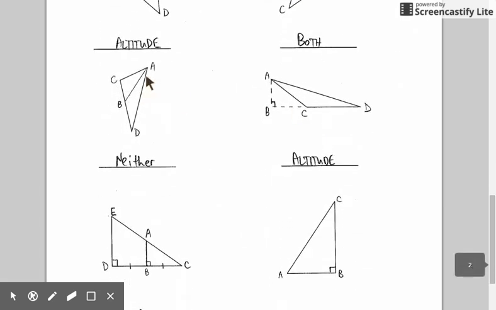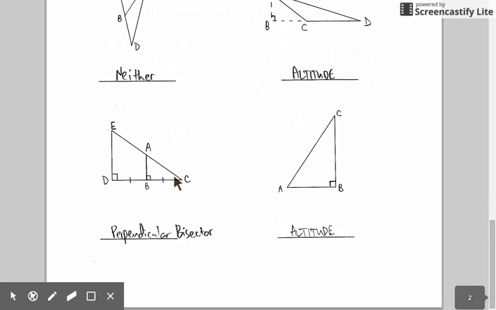In this example, segment AB is coming from a vertex, but it's not perpendicular to the opposite side. So that's not an altitude, it's not a perpendicular bisector, it's neither. In this example, segment AB is coming from a vertex and is perpendicular to the opposite side. That's the definition of an altitude.